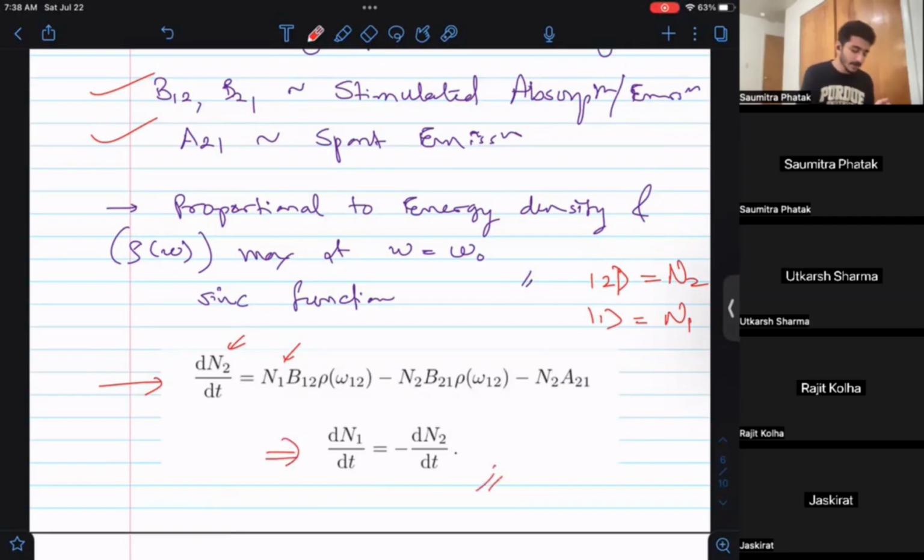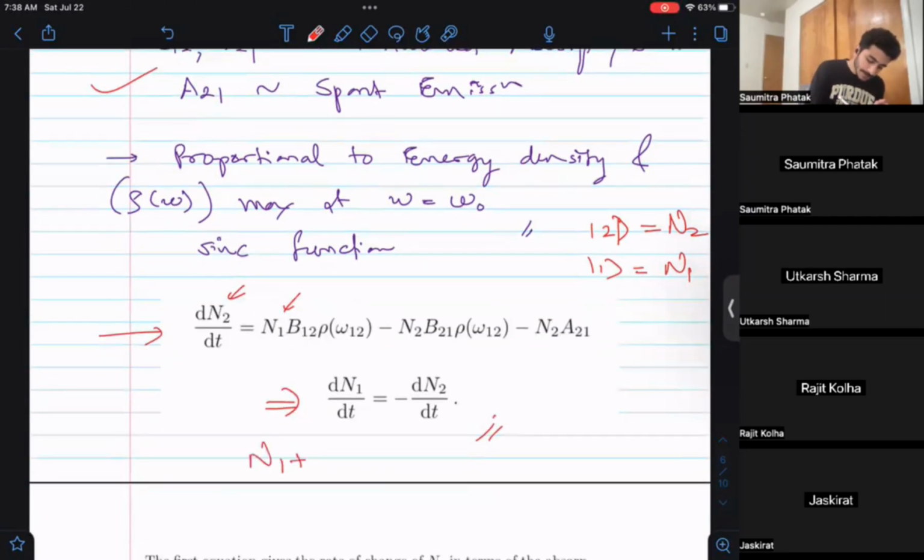Why does this make sense? It is because the total population has to remain the same. If there is one electron in the system, at the end of the process we have to conserve the energy and we have to conserve the particle number. So the total population has to be one. It has to be the same. So the total probabilities should add up to one.